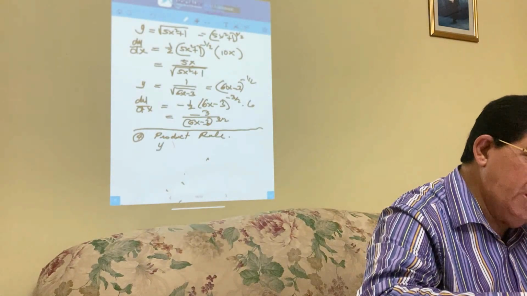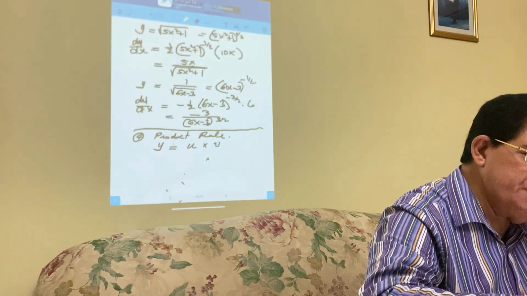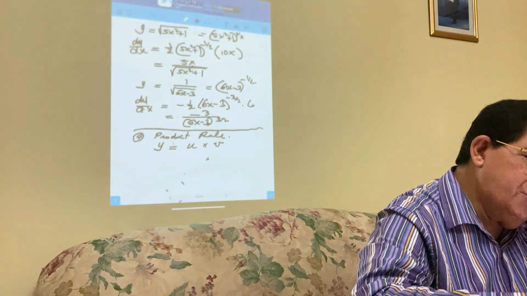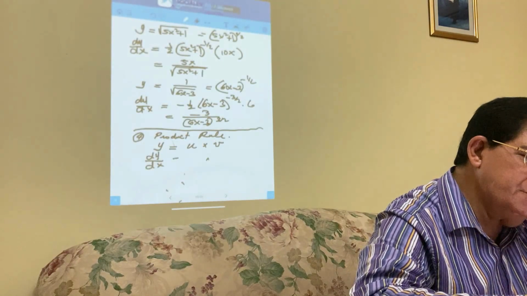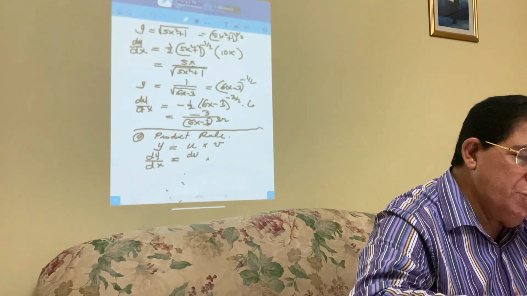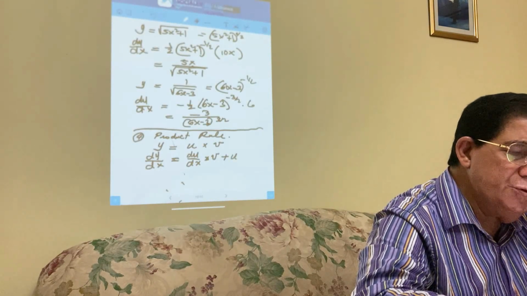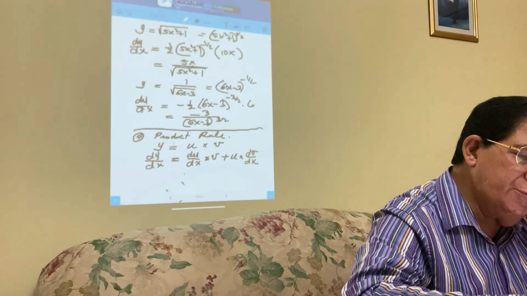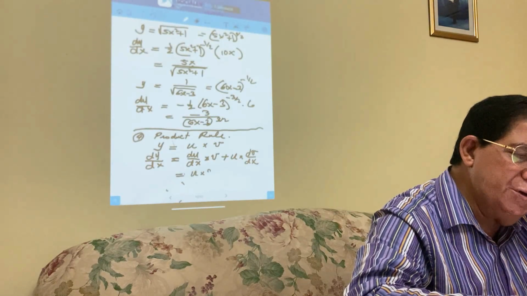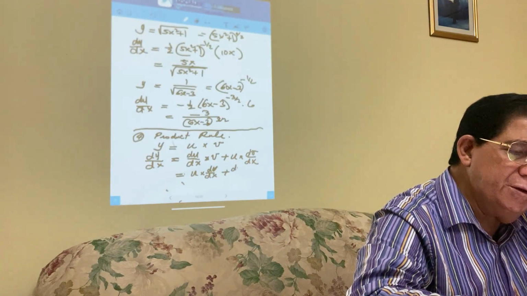If y equal the product of a function u times a function v, there's a rule saying dy by dx equal du by dx times v plus u times dv by dx, or the other way around, u times dv by dx plus du by dx times v.